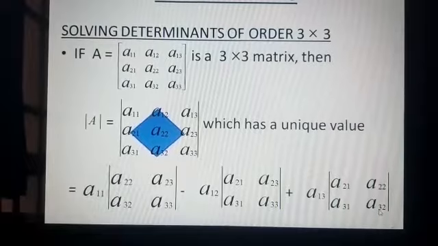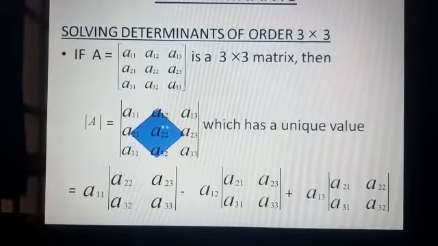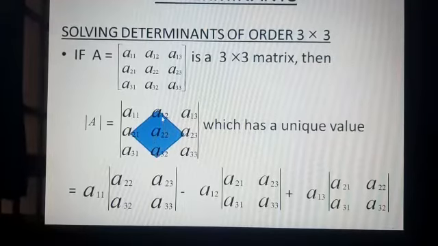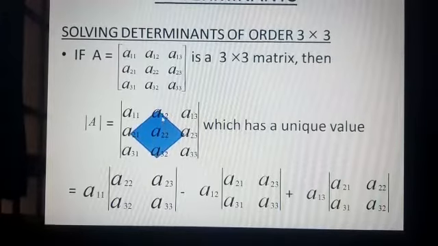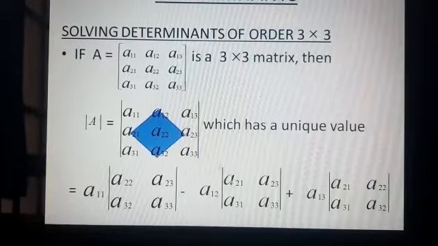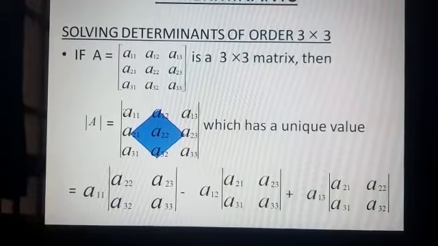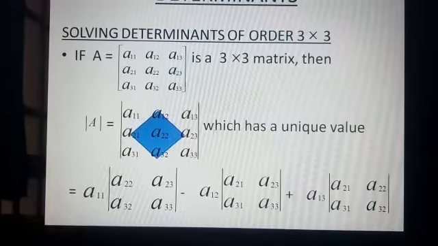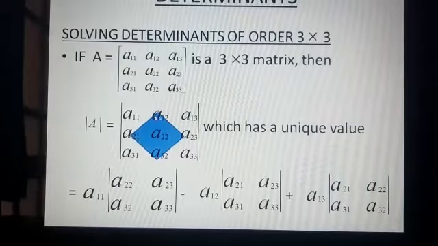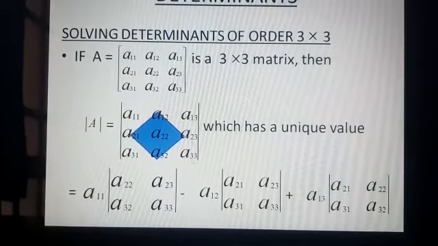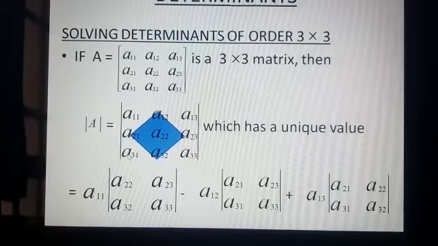So this is how we solve along the first row. A11 is multiplied by the determinant of order 2 into 2, then for A12 we have changed the sign and multiply by A21, A31, A23, A33 by removing the row and column of A12. Then similarly A13 is multiplied by the elements A21, A22, A31, A32.